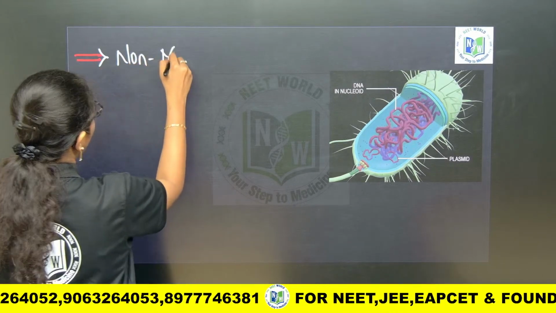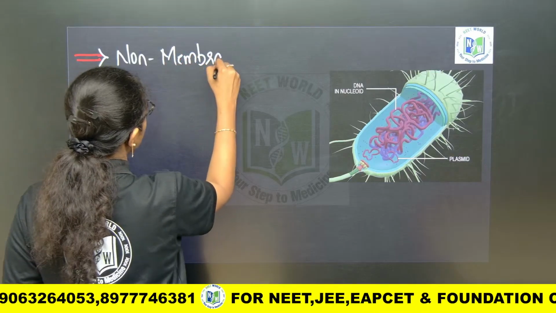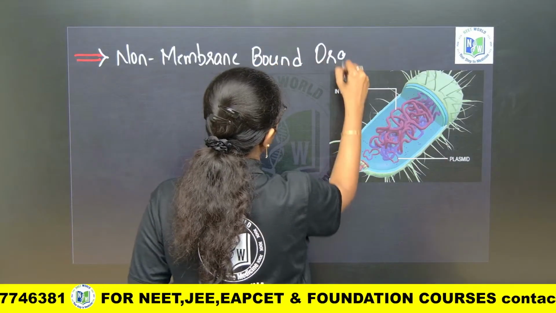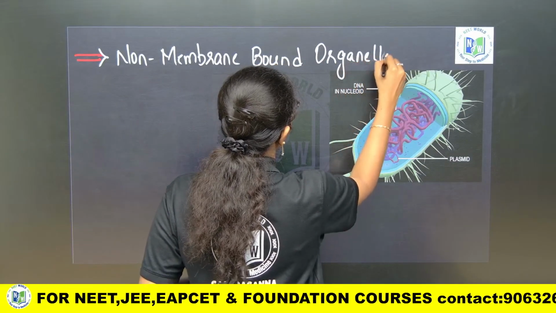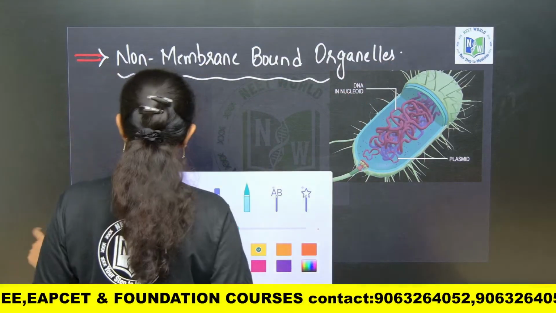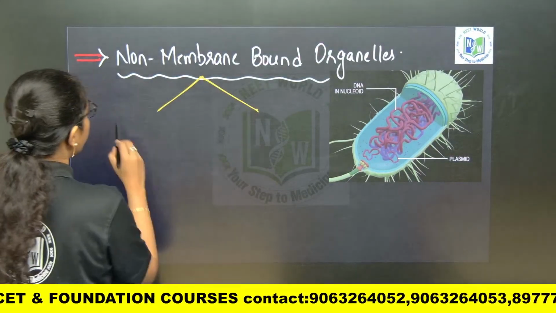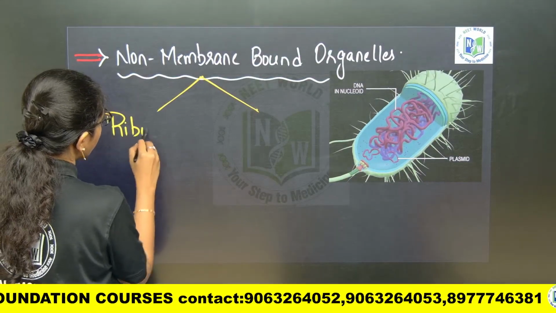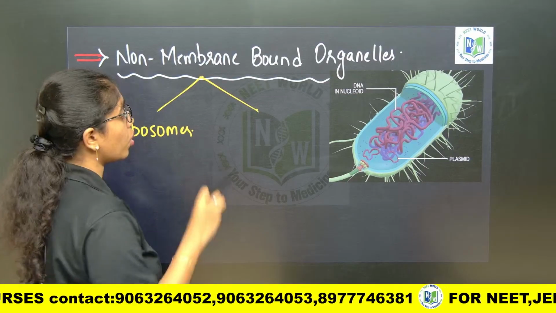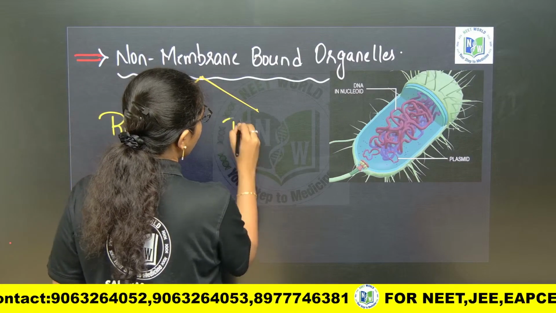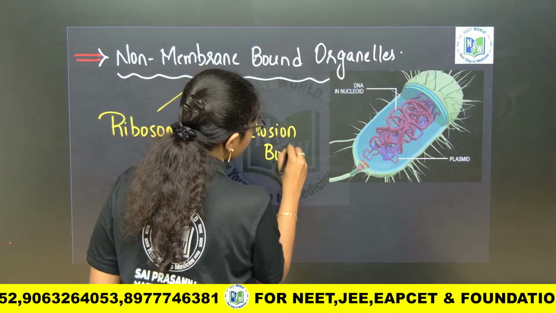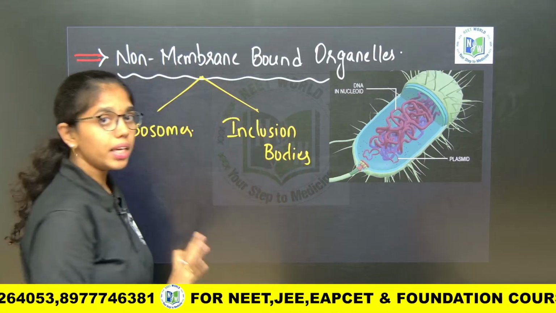These include ribosomes and storage organelles. Reserve food material is stored in inclusion bodies, which do not have any membrane.